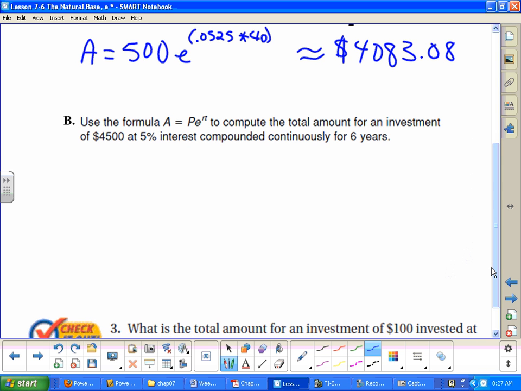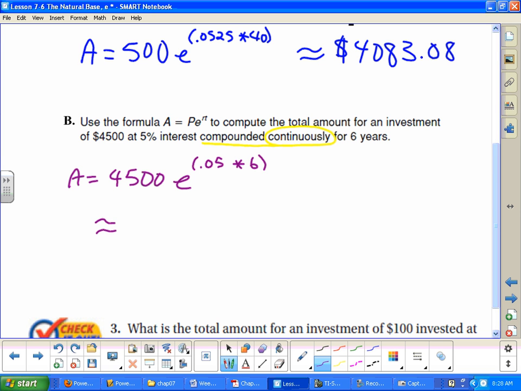Okay. All right. Here's another one. Use the formula A equals Pe to the rt to compute the total amount of an investment of $4,500 at 5% interest compounded continuously. So we're always looking for compounding continuously to use the PERT formula. And as long as I've got that, I'm good. So we use this one: A equals 4,500 e raised to the power of 0.05 times 6.